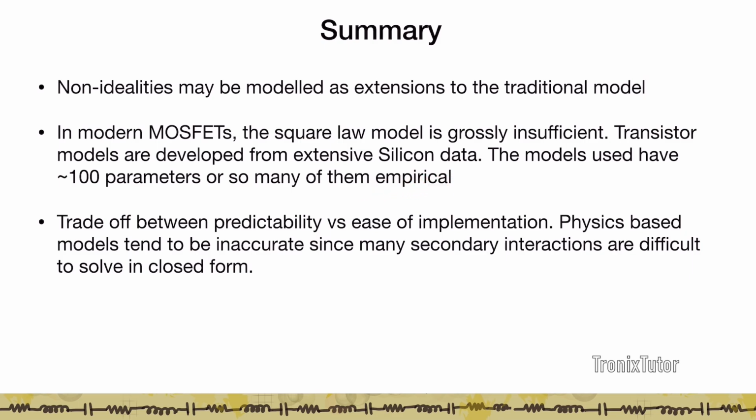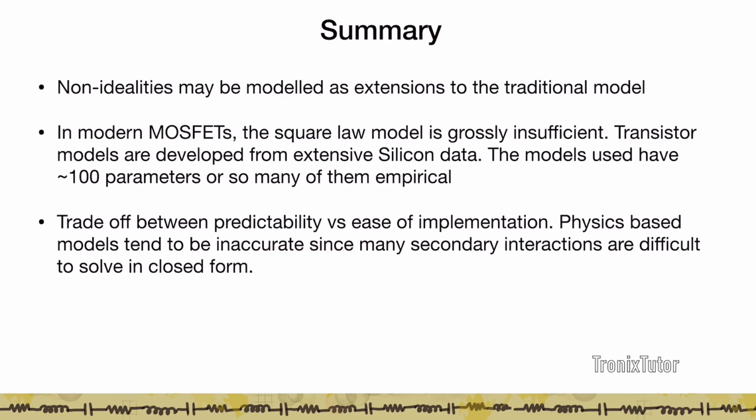And there is always, when we do modeling, a trade-off between how predictable you want the model to be and how easy or how quick it is to simulate or implement. One thing to note is, even though we've discussed a lot of device physics, and physics-based models give us a lot of intuition as to how the device works and how to plan for subsequent devices, they don't tend to be very accurate when we actually want to build circuit models.